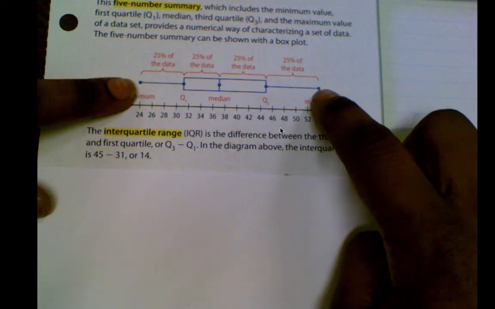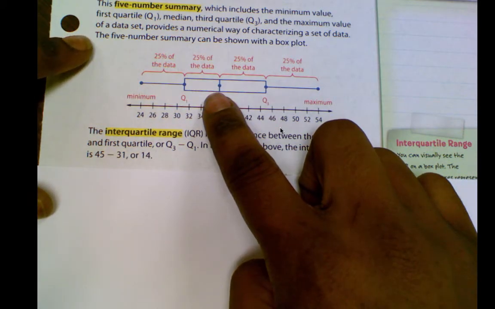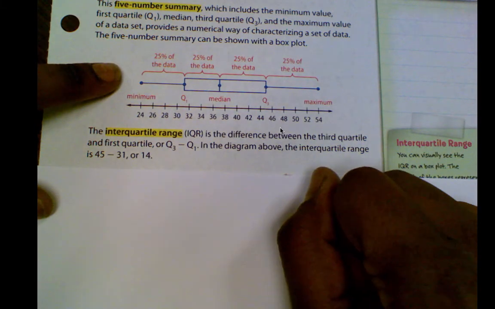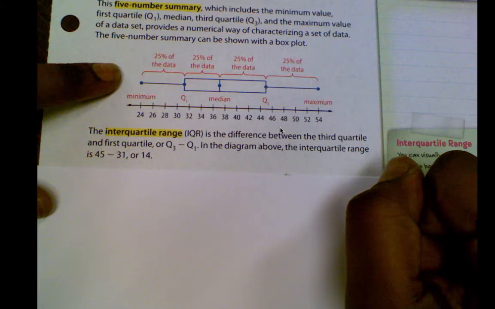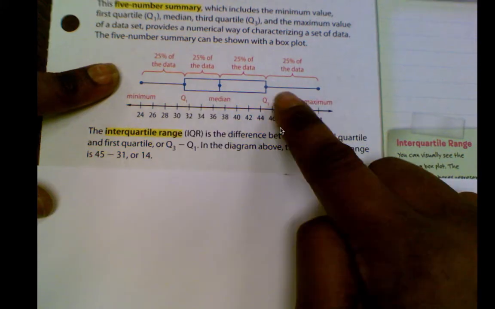The minimum value is marked as well as the maximum value. And then we have the median of the data. And we're plotting these, of course, on a number line. Then once you find the median of the lower half, you have your first quartile. And then the median of the upper half is your third quartile.